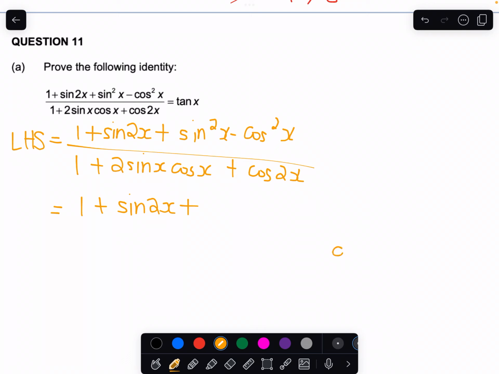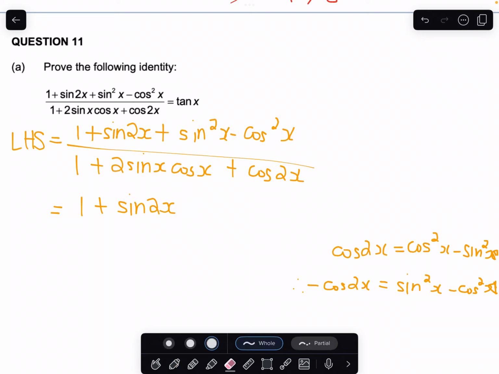Here we use the fact that cos of 2x is the same as cos squared x minus sine squared x. Therefore sine squared x minus cos squared x, we switch the difference around, is minus cos 2x.